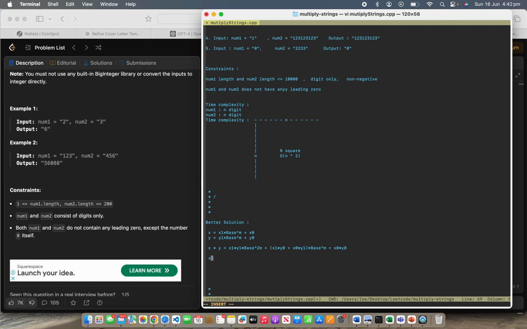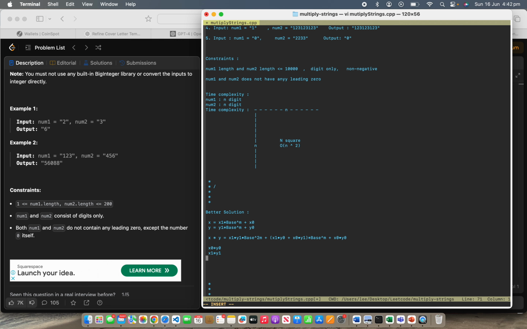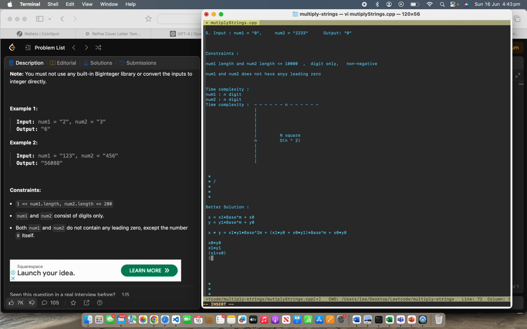So we calculate x0 times y0, we calculate x1 times y1, and we also calculate x1 plus x0, and we also calculate the y1 plus y0, because addition is easier than the multiplication. Again, we are saying the basic method, right?